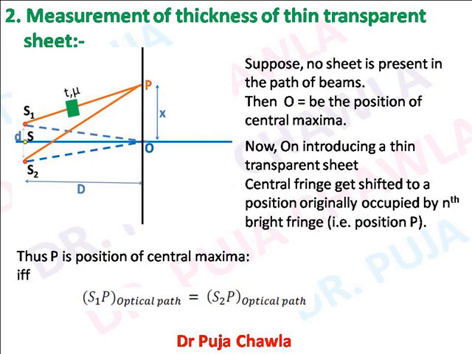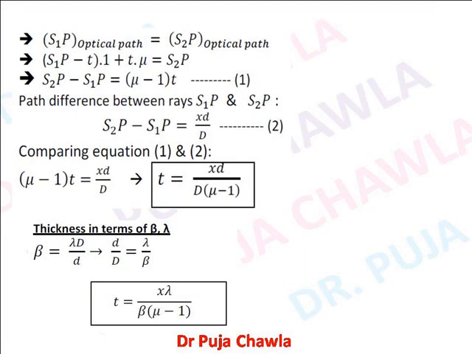So optical path S1P is equal to S1P minus small t into 1, that is the refractive index of air, plus small t into mu. Then now the S2P optical path. The S2P path is totally in the air, so S2P into 1, refractive index of air. This is the optical path S2P.